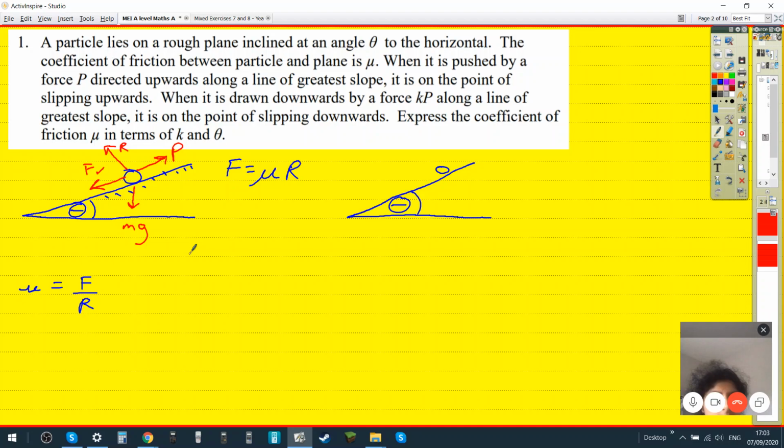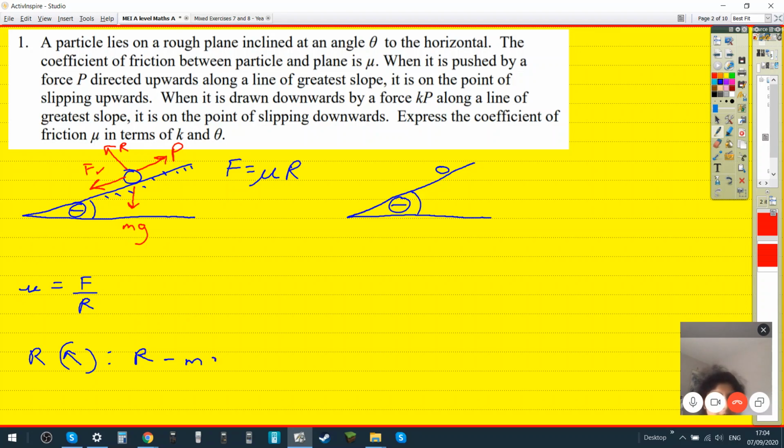So if you resolve in the direction where R is, then you would have R minus mg.